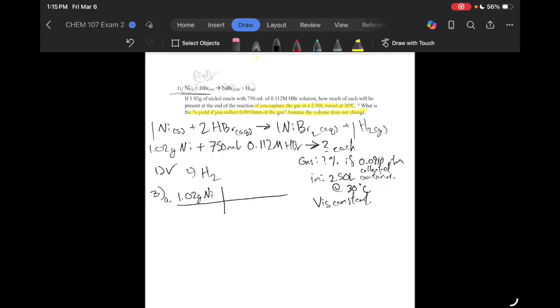So Ni on the periodic table gives us a molar mass of 58.71 grams per 1 mole. Since we already know the amount of grams and we want to find out how many moles we have, we will just flip this conversion factor. So 58.71 grams of nickel is on the bottom. That's going to cancel with grams of nickel on the top. That's going to be 1 mole.